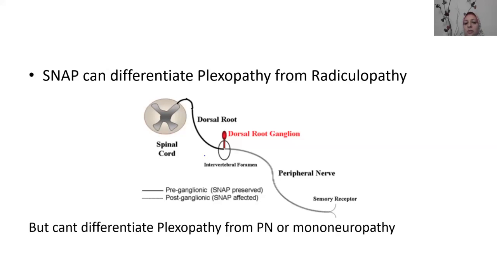So if it's preserved, it's more likely radiculopathy. But SNAP, our sensory nerve action potential, cannot differentiate between plexopathy and mononeuropathy and peripheral neuropathy. Why? Because all these pathologies are distal to the dorsal root ganglia and the sensory nerve action potential will be affected.